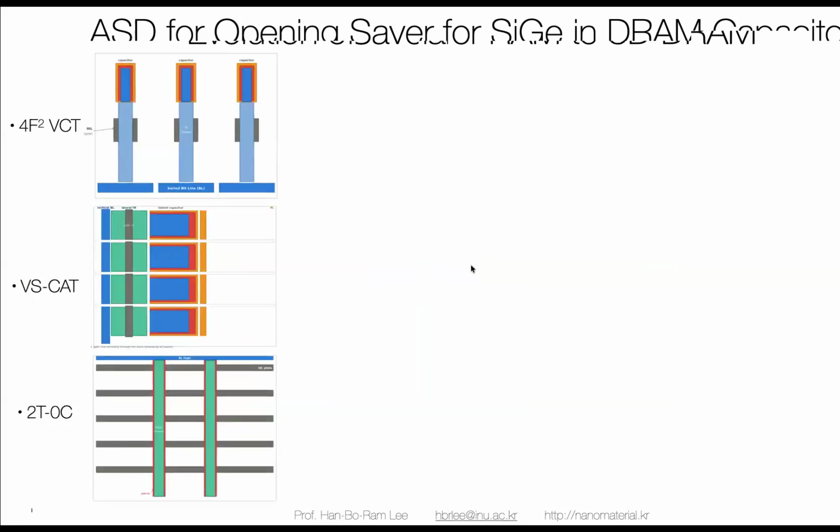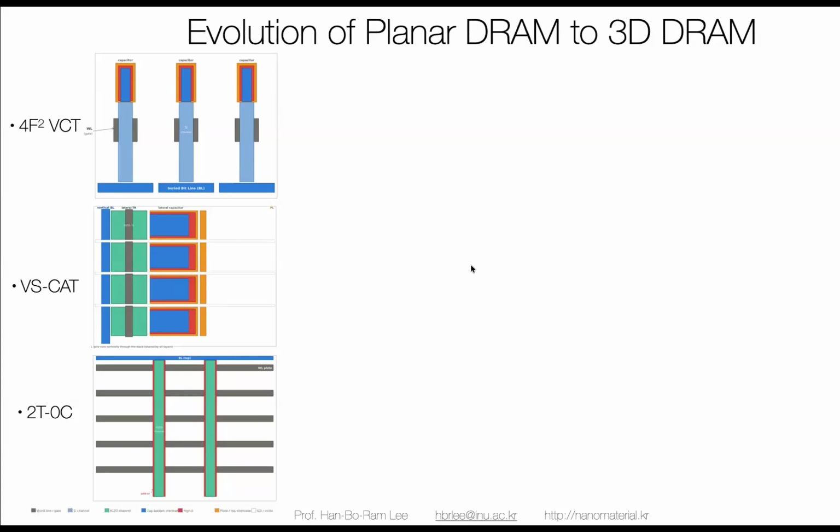And then you may hear about the 3D DRAM. Right now, logic devices already moved on to the 3D CFET. NAND flash memory already moved on to the real 3D NAND. DRAM devices right now move on to the real 3D DRAM structure. So this is the historical evolution of that. This is the vertical gate structure, 4F square.